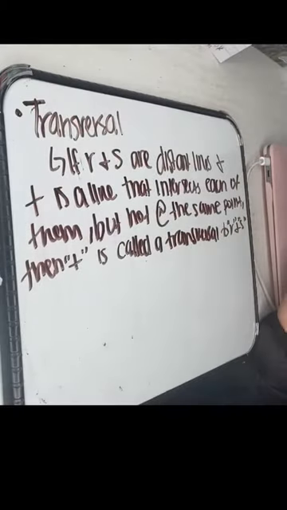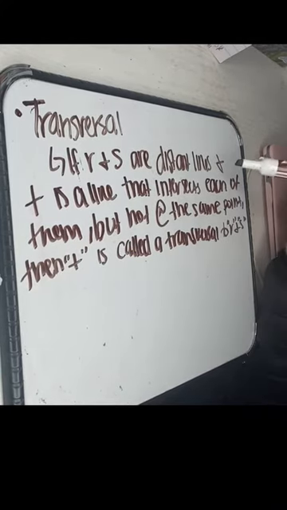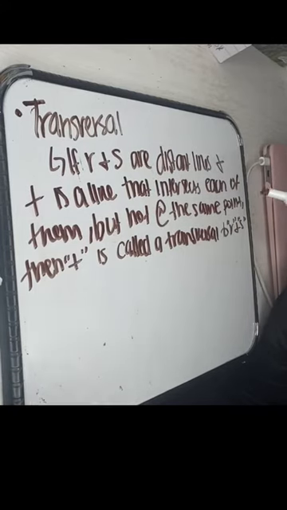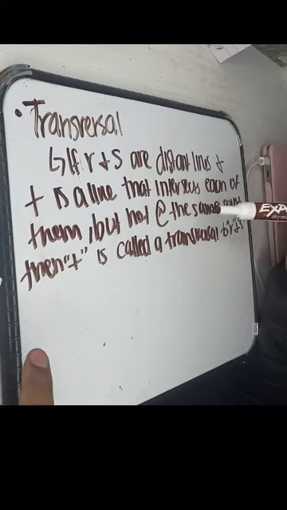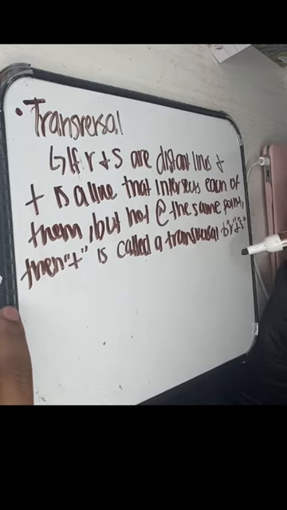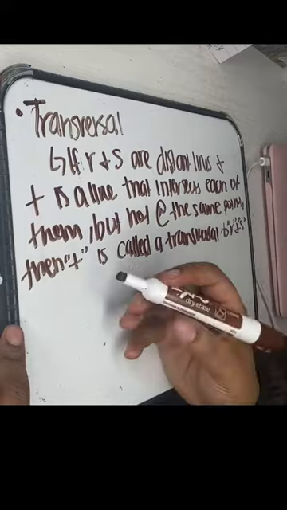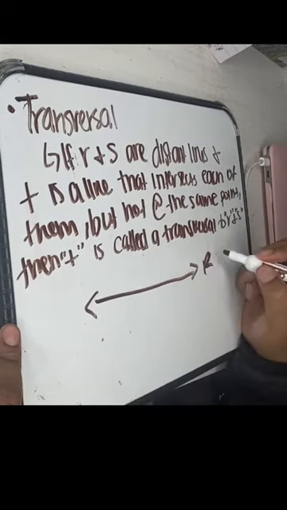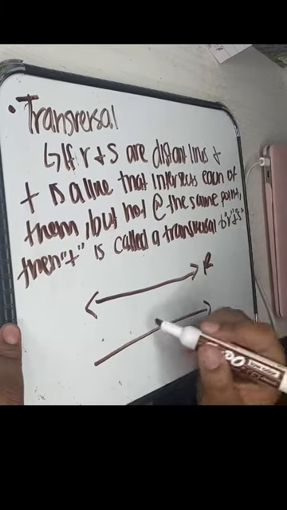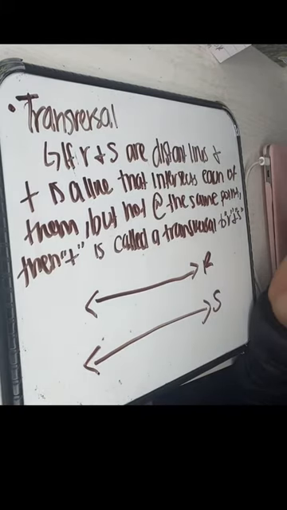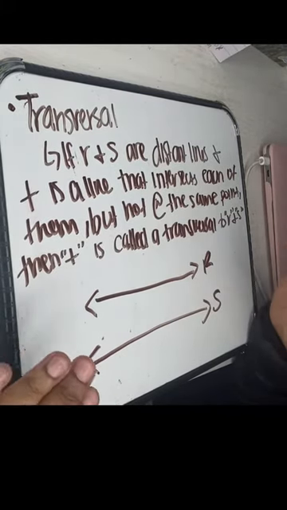So next we're moving on to transversal lines. R, S, and T are distinct lines, and T is a line that intersects each of them, but not at the same point. Then T is called a transversal to R and S. So let's just draw it out. We have line R, and then we have line S. So before, when we were doing concurrent lines, they touched at the same point when they intersected.